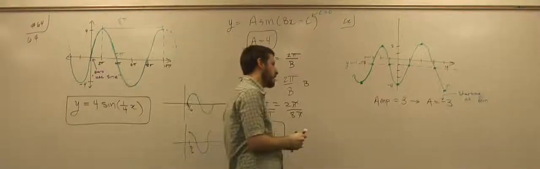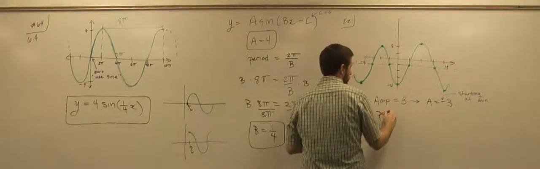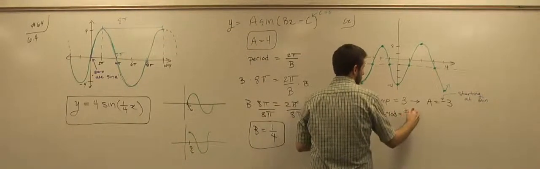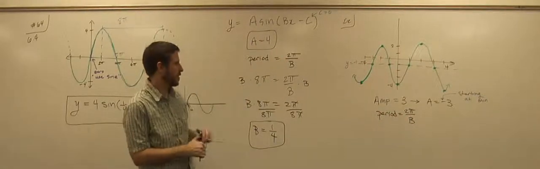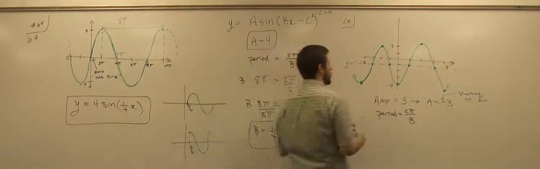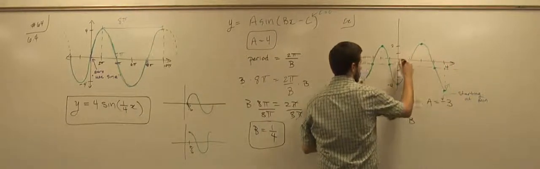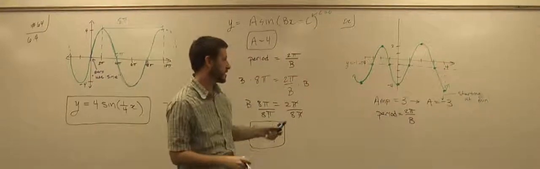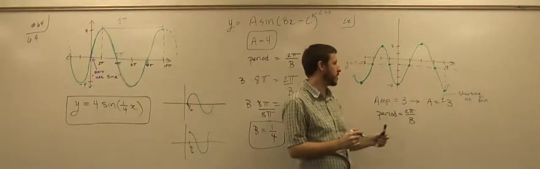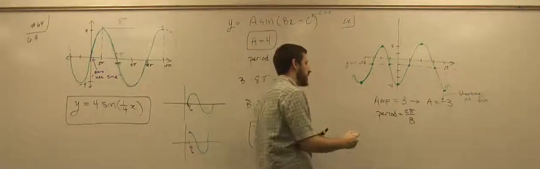And then for b, we have to use the equation period equals 2 pi over b. What's the period in this case? It's meant to be 4. This is supposed to be at 4, 0. So between 0 and 4, that's your two minimums. That's when you start repeating after 4 units. So the period is 4.